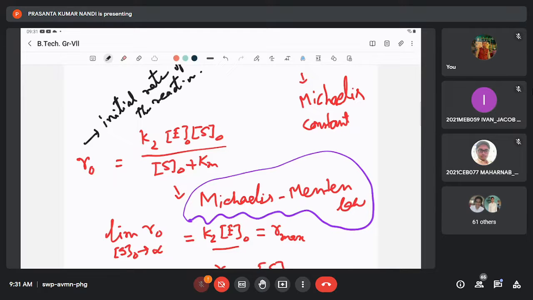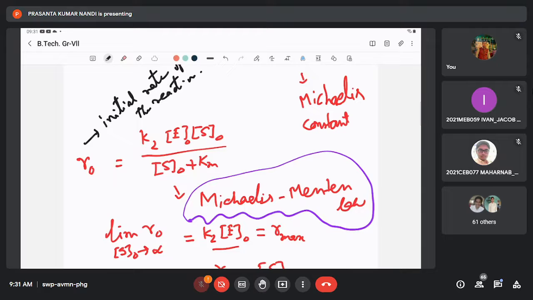Because S0 is large with respect to Km, if we ignore the Km, then naturally this S0 term will cancel out and we are left with a constant term, that is the product of two constants, K2 and the initial concentration of the enzyme.